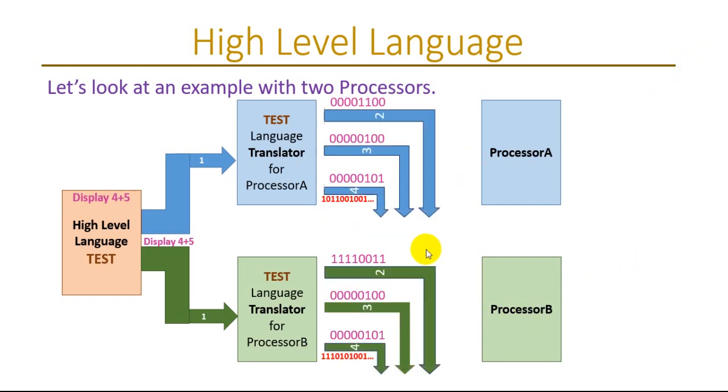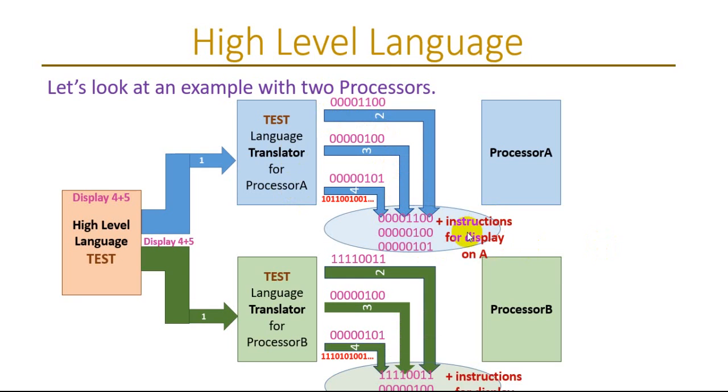Then this processor will also write it into a text file, a secondary storage file, with these three commands plus this instruction here, and in B also these commands will be written plus the instruction to display on B.